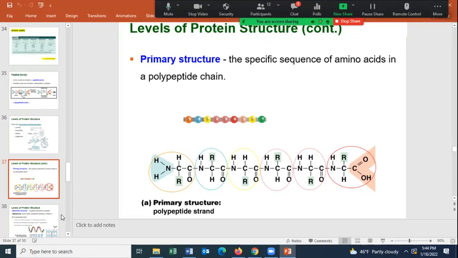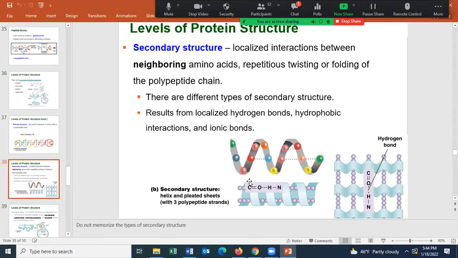So in the secondary structure, you have interactions between neighboring amino acids. Secondary structure is the interaction between neighboring amino acids.